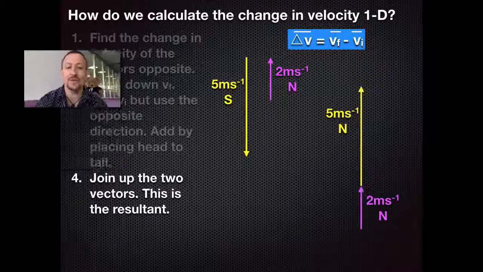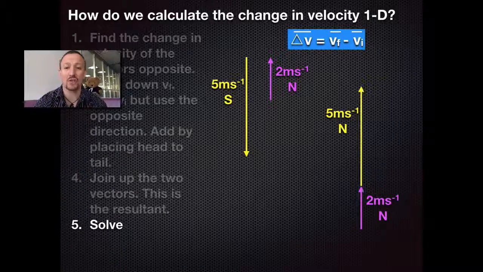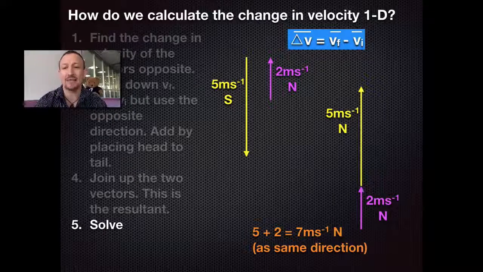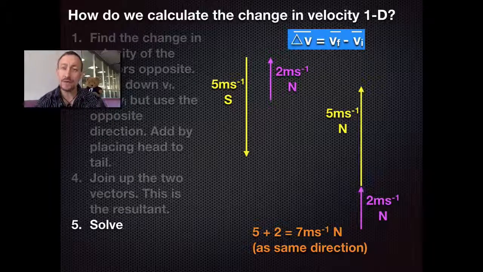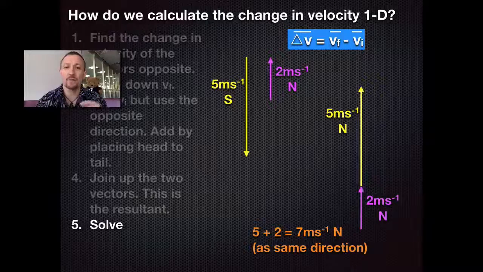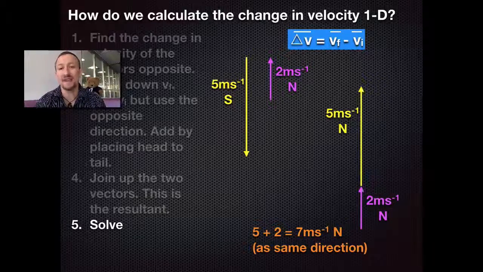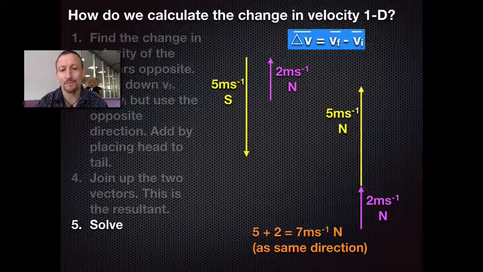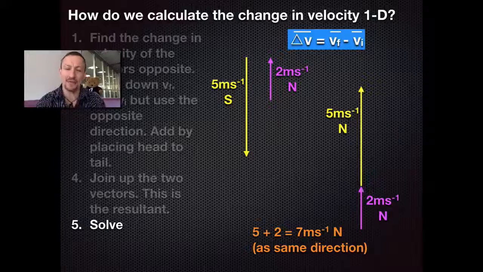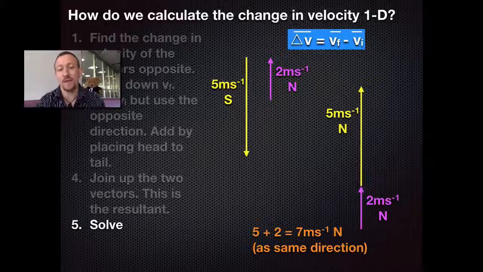Because the 2 vectors are going in the same direction, I can solve it simply by adding the 2 together. So the change in velocity from converting 5 meters per second south into 2 meters per second north, I have to apply 7 meters per second in the northerly direction. As the 2 directions are in the same way, I just add them together. Obviously, if they were in the opposite directions, I would take them away.